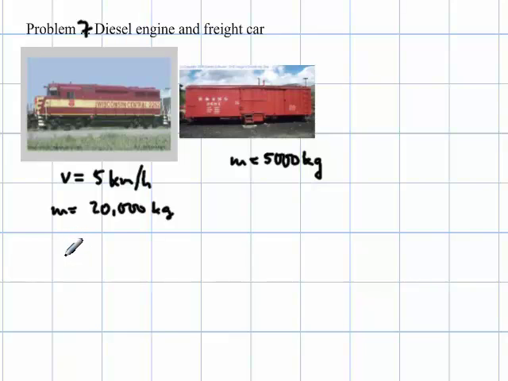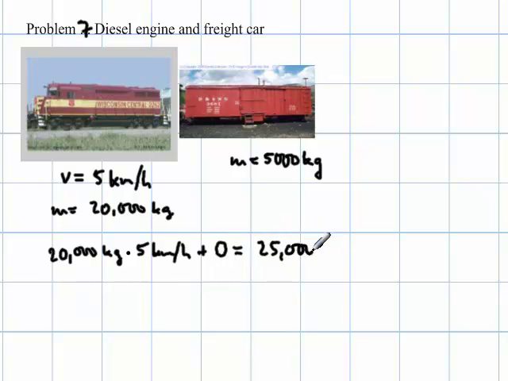Okay, before and after the collision, the momentum is conserved. So before the collision, we have 20,000 kilograms times 5 kilometers an hour, plus the momentum of the freight car, but it's at rest, so its momentum is 0. After they have collided, the two of them are stuck together, so they have a momentum of 25,000 kilograms times whatever velocity.